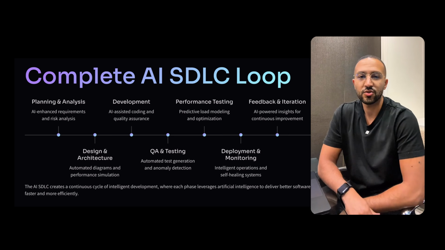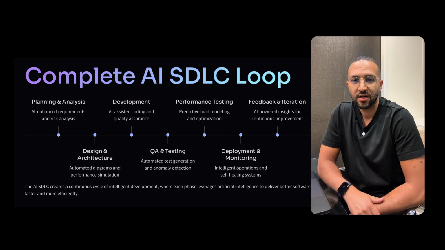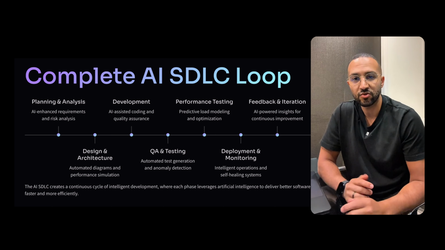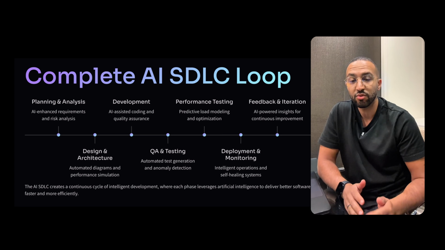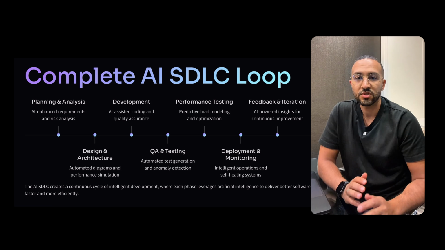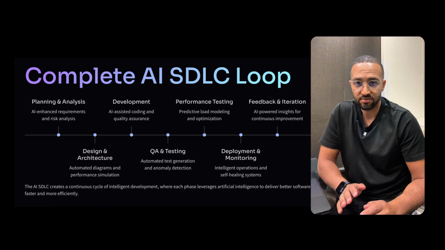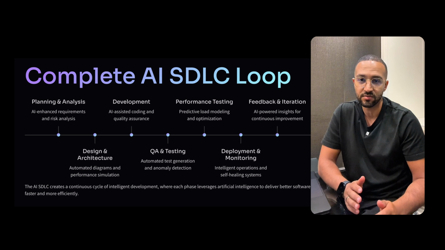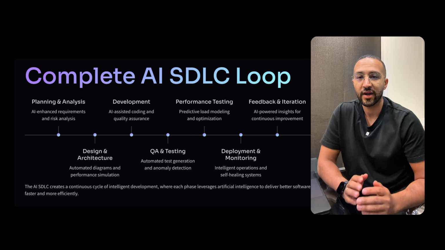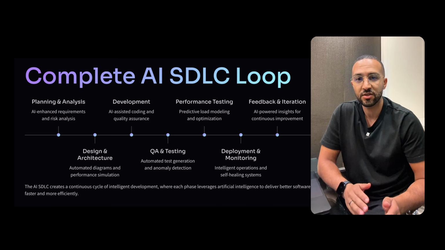All right, so once the performance testing is complete and has successfully passed the service level agreements and service level objectives, we can move on to the next phase, which is deployment and monitoring. This is when the software, or the new feature, goes live. We take everything that was built and tested and push it into the production environment so customers can start using it. Now, traditionally, deployments are handled through pipelines, continuous integration, continuous delivery.